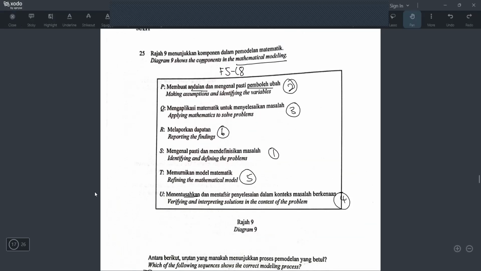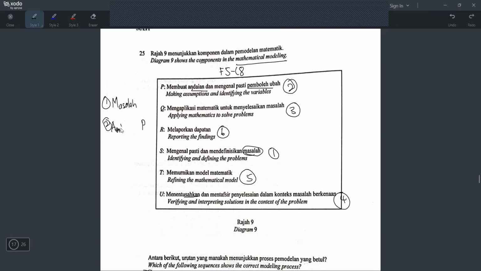Okay, let me explain a bit. Actually, there's nothing much to explain. You just have to memorise. Just memorise the keywords. For mathematical modeling, step 1, the keyword here is masalah. I always just memorise using keywords. You don't have to memorise the whole thing. So the first step, M stands for masalah. And then the second step, I use AP. What is A and P?